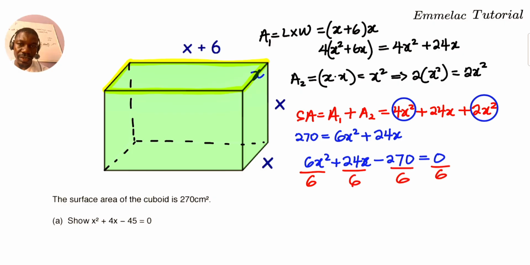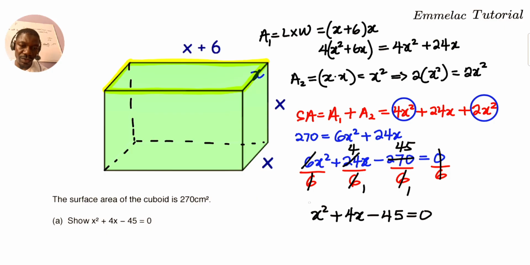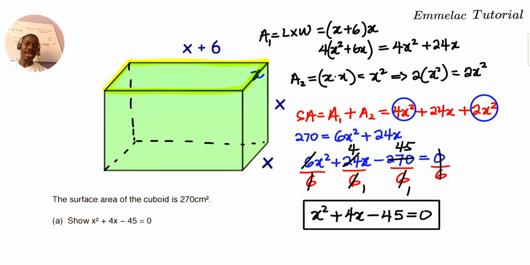So 6 clears off 6, 6 here gives 1, 6 here gives us 4, and 6 into 270 gives us 45. And we know this is 0, so we end up having x squared plus 4x minus 45 equals 0. So we've just answered the question as easy as this.